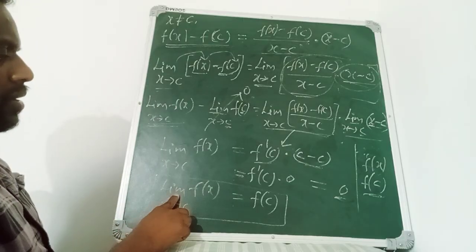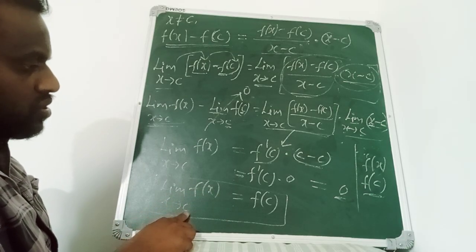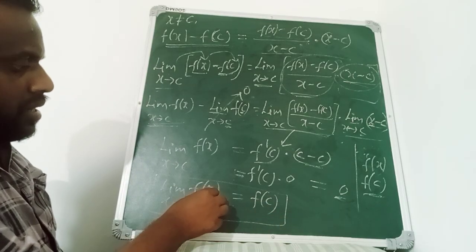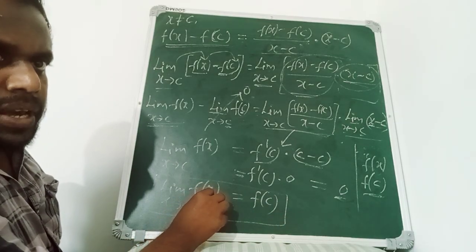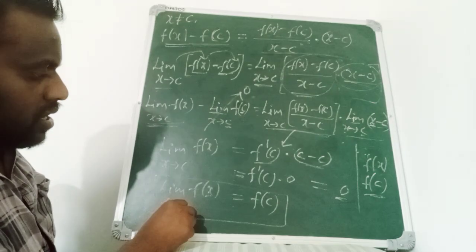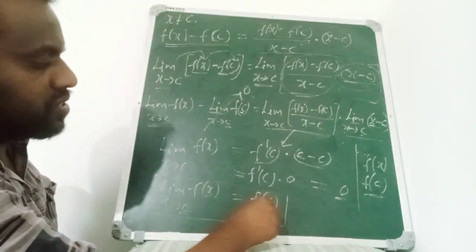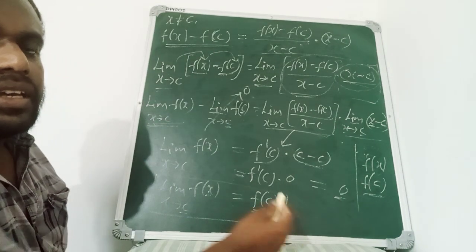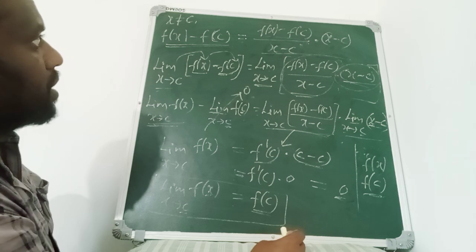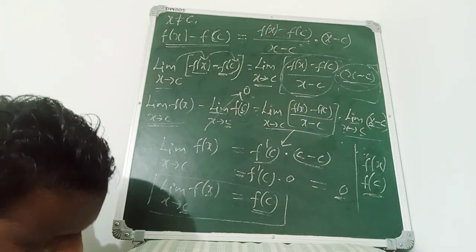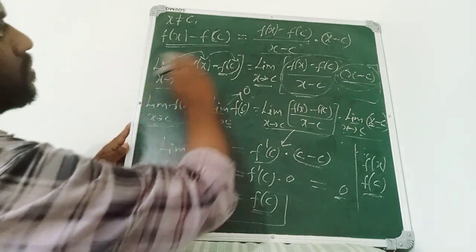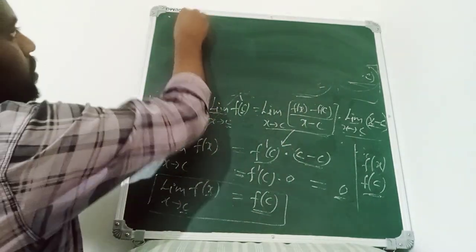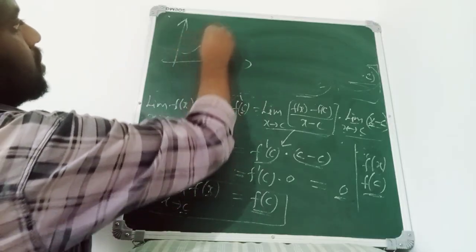Now see this: limit of f of x as x tends to c is equal to f of c. That means in place of x, if you substitute c, we get f of c. That means what? F of c is a value. I have shown in a graph, right? I will just erase. What I showed in the beginning is a graph like this.